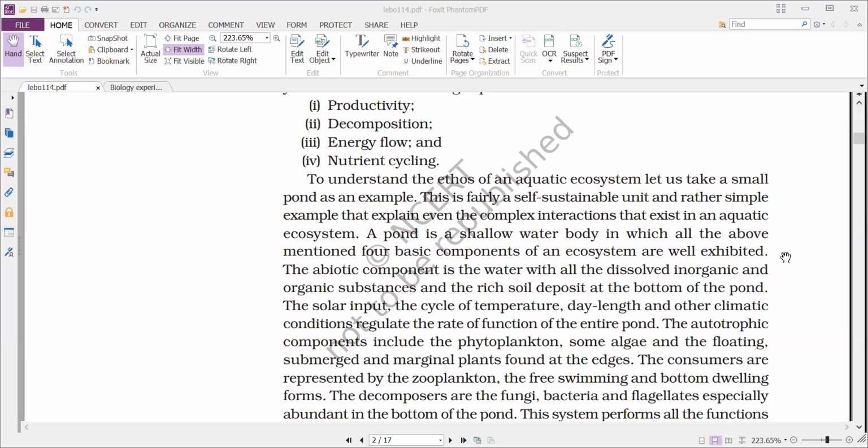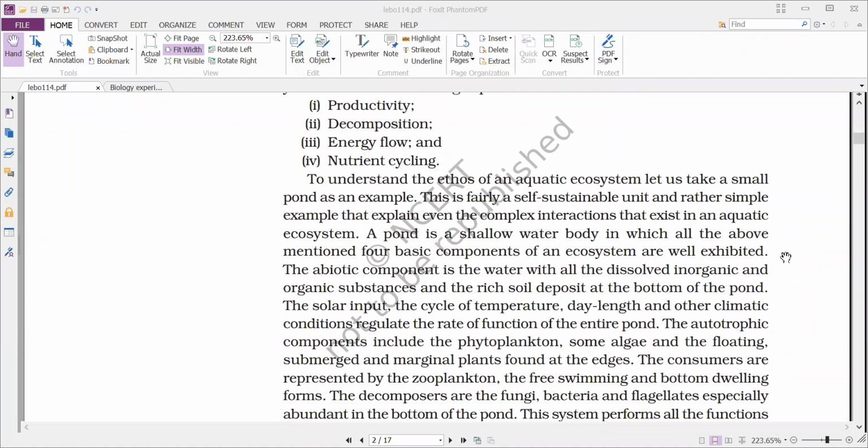This is fairly a self-sustainable unit and a rather simple example that explains even the complex interactions that exist in an aquatic ecosystem. The pond is a simple ecosystem. But by studying the components of this pond ecosystem, we can understand the components present in a large aquatic ecosystem also.